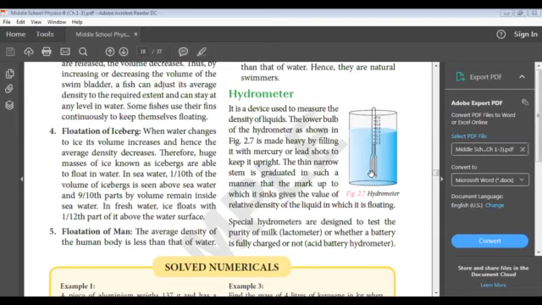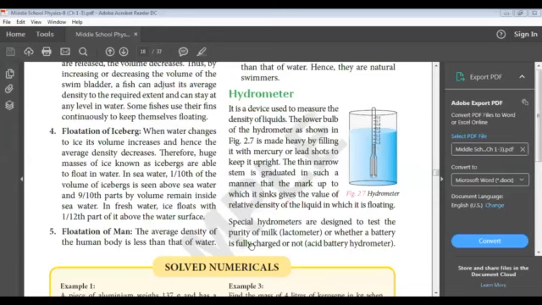The thin narrow stem is graduated in such a manner that the mark up to which it sinks gives the value of the relative density of the liquid in which it is floating. So when you immerse the hydrometer in the liquid, there are some graduations. These readings give you the relative density of the liquid.